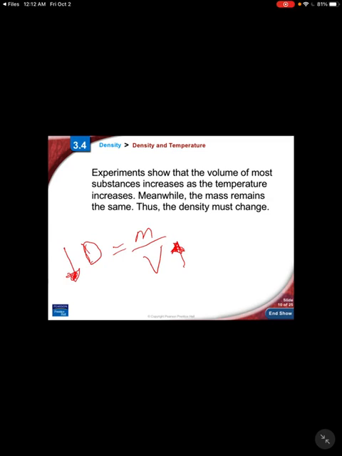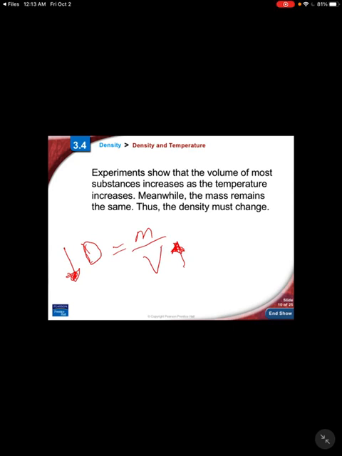So in general, with one notable exception, and that being water, objects decrease in density as they heat up. You may have heard that hot air rises. That's true because as heat warms the air, it decreases its density, so it will rise above the colder, denser air.